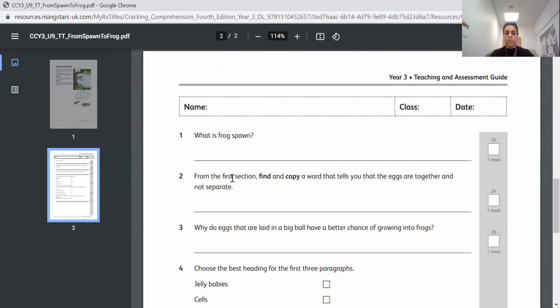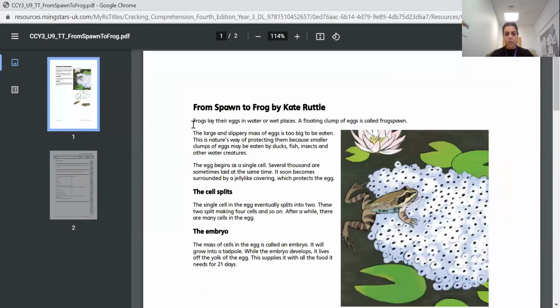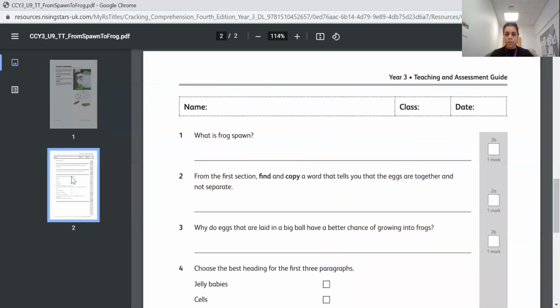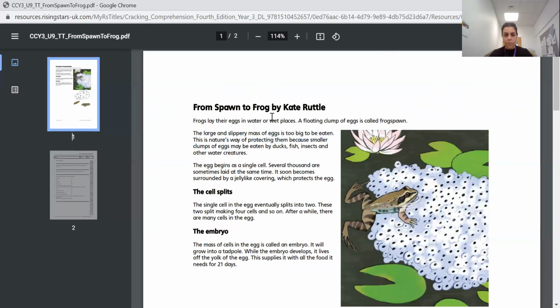So it says, from the first section, find and copy a word that tells you that the eggs are together and not separate. Let's have a look. The first section. I'm going to say that's the first sentence and this first paragraph here. So I'm going to look at both of these. I'm looking for a word that tells us that the eggs are together, not separate, like this picture here.